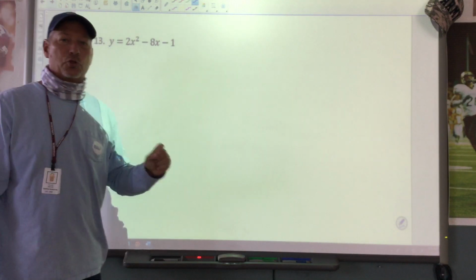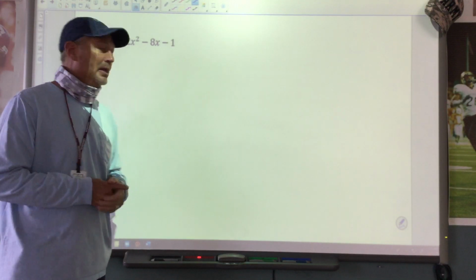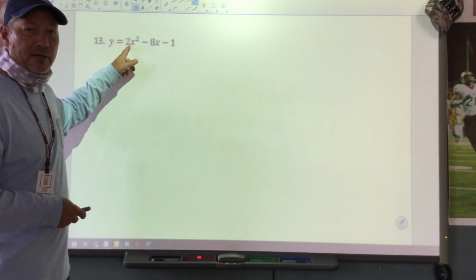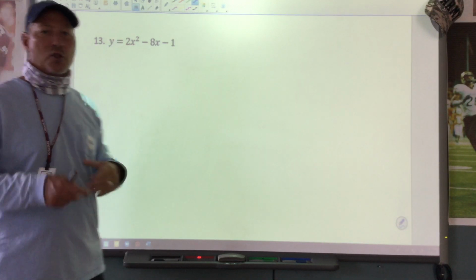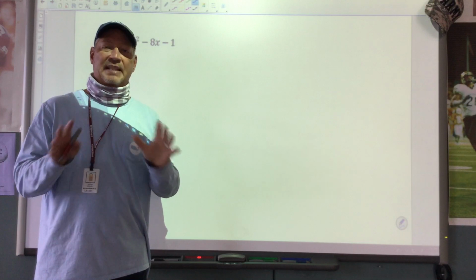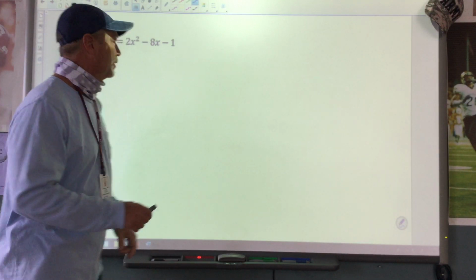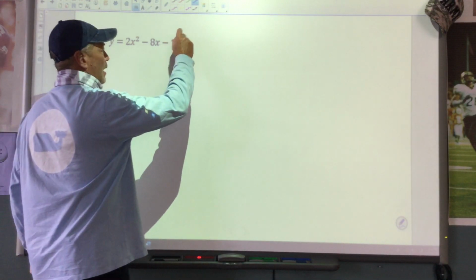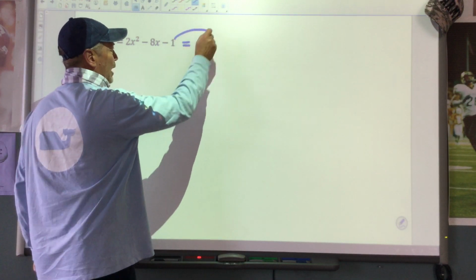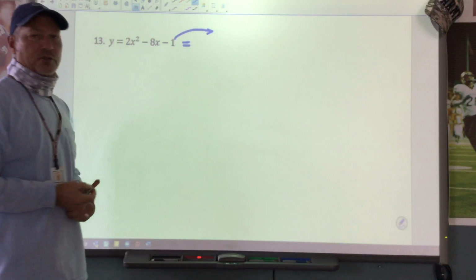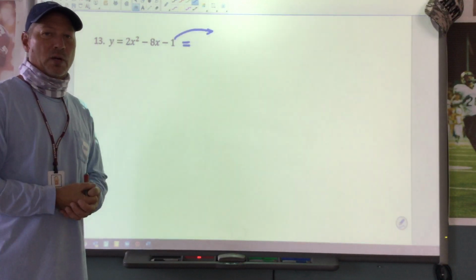This one is going to be a little trickier. You got to be patient with me, but this time I have a number in front, okay? The other problems didn't have a number in front, they just had an x, okay? So, trust me on the process. Step 1. I need to put an equal sign. I need to move the 1 to the other side. How am I going to move the 1 to the other side?